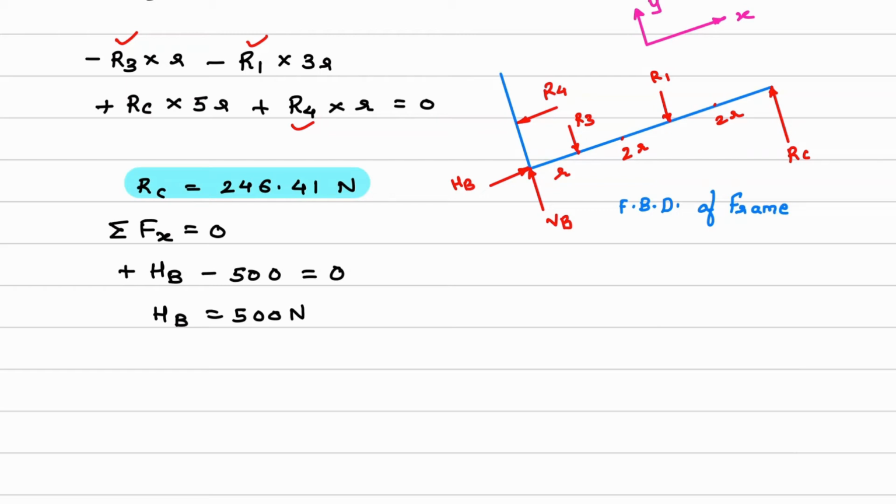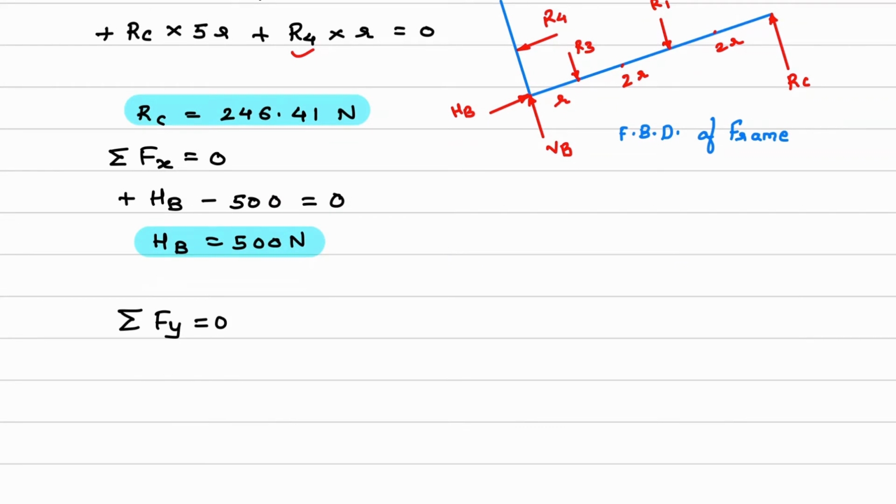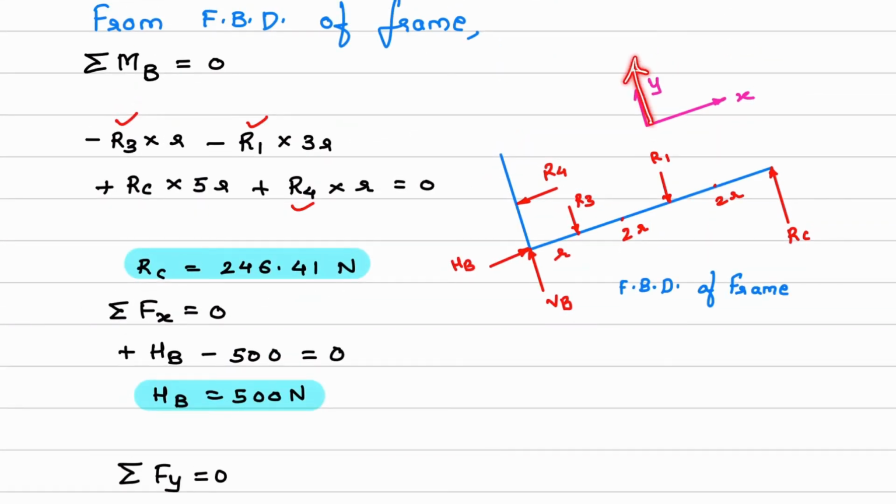Now since this value is positive, our assumed direction of HB, this was the direction of HB which we assumed, that is correct. So this is the HB answer. Next we will use summation Fy equal to 0, all the vertical forces. So the y axis is this one.